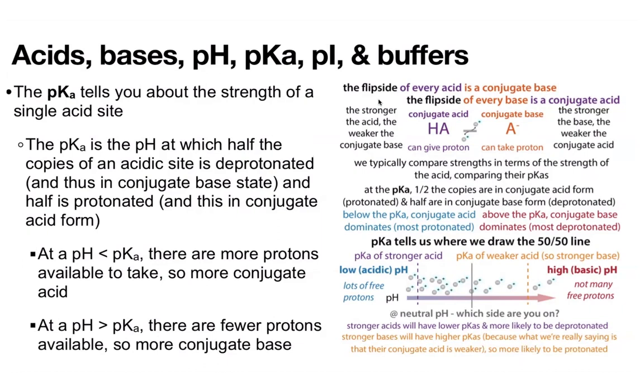And if we said that the pKa was the halfway mark, well, then if we're at a pH below that, we're going to be predominantly in the protonated acidic conjugate acid form. Whereas if we're at a higher pH than the pKa, there are fewer protons around, so we're more likely to be in the conjugate base form, the A minus form. But remember, it might be negative or it might be neutral.